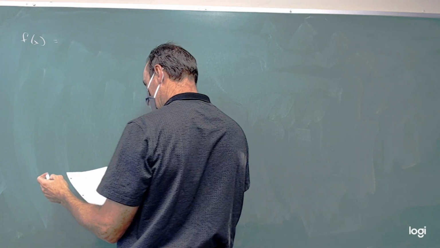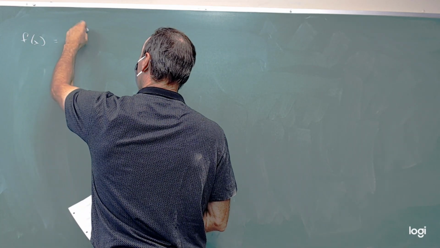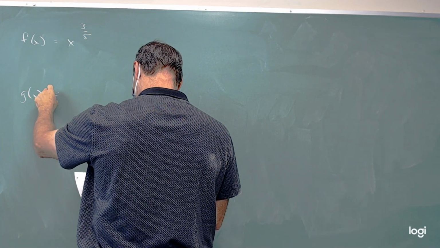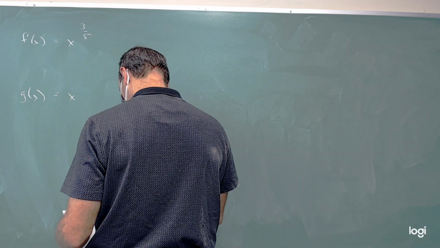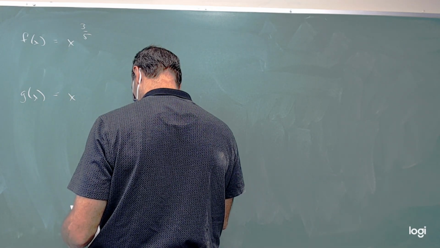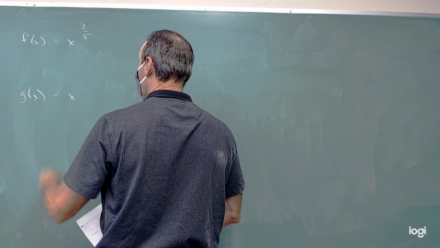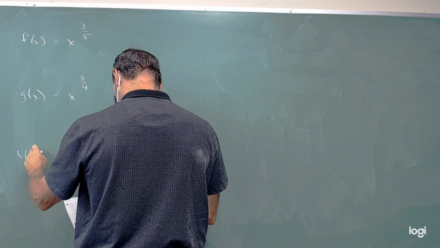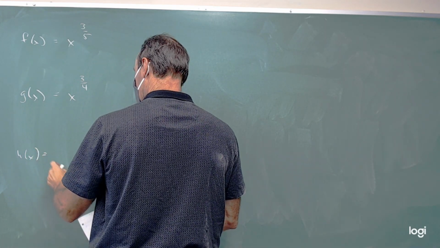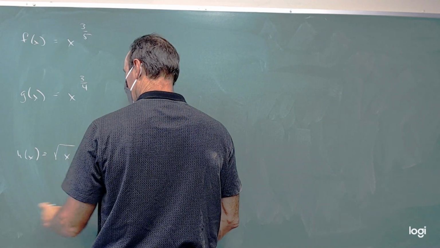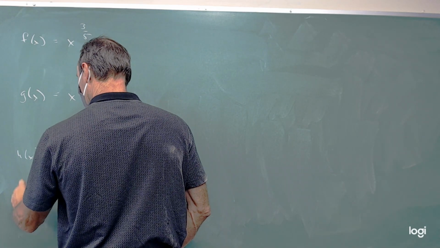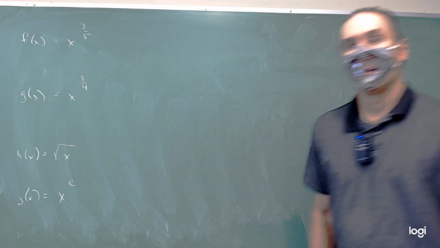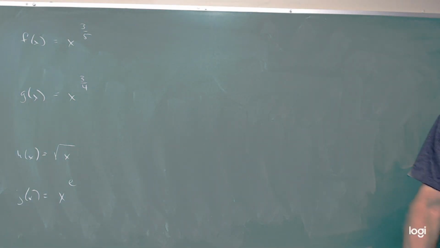If we have f of x equals x to the 3/5, g of x is equal to x to the 3/4, h of x is equal to the square root of x, and let's even make one just crazy, j of x is equal to x to the e power. So no matter what the power is, we use our power rule.